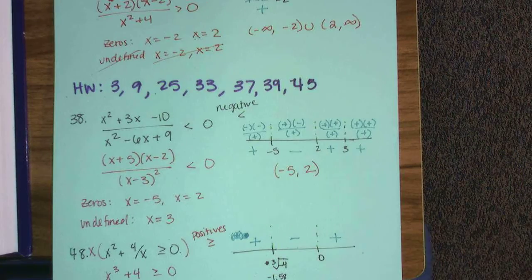Alright, so I just added on 39 and 45 to what you had yesterday. Just a reminder, Tuesday will be a review of 2.7 and 2.8. I'll put up some problems and we can go over them, y'all can practice them. And then Wednesday I'll have a quiz on this stuff.